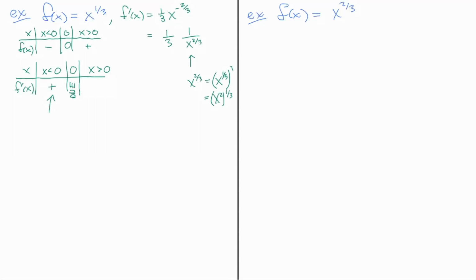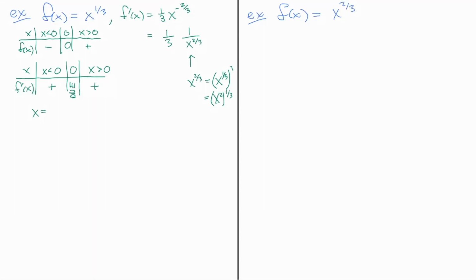And what about for x positive? Also positive, because there's that squared inside this function, right? The x gets squared at some point. Okay, so now already we can see that we had a singular point.